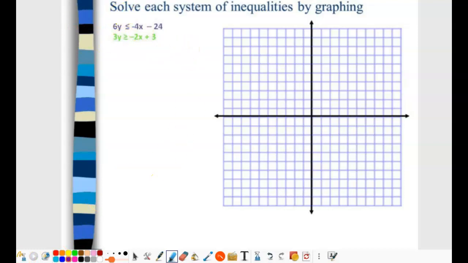So once again, let's graph our lines, but in order to graph them, we want to put them into our standard form. So for this equation here, we're going to divide everything by 6, thus giving y less than or equal to -4 over 6 x minus 24 divided by 6, which is 4. Now you can reduce that fraction if you want.